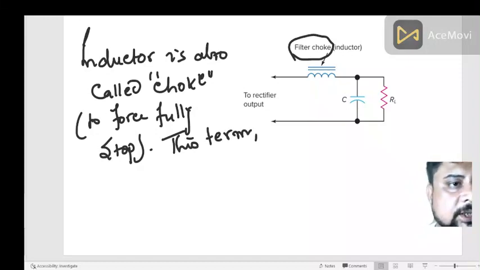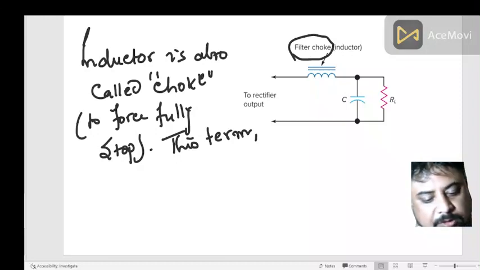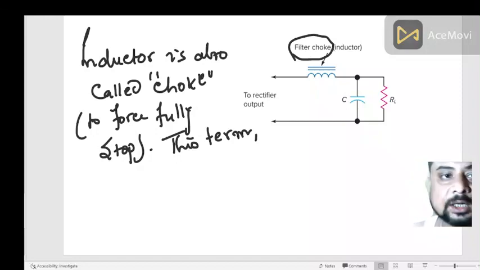You must have heard of choke coils in tube lights that were once used in our households. They contain chokes.